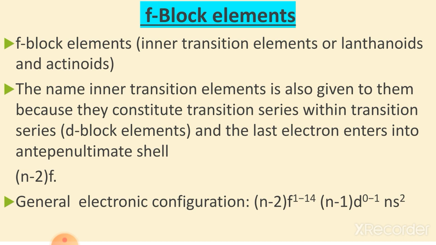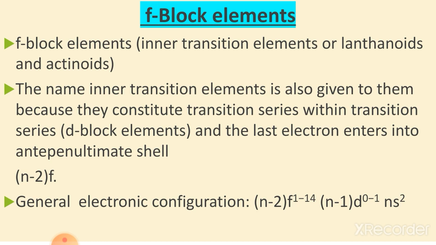Now students, the general electronic configuration is (n-2)f 1 to 14 electrons, (n-1)d 0 to 1 electron, and ns2, where n equals 6 to 7. If you want to write the electronic configuration for lanthanoids, you have to take n equal to 6.